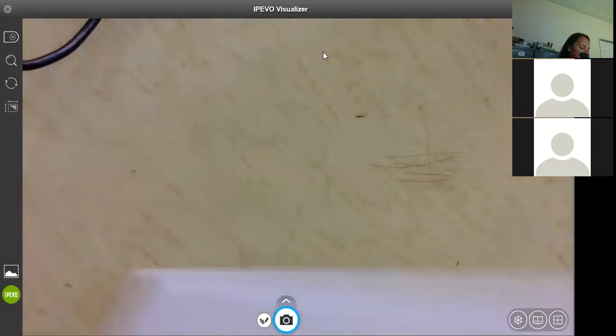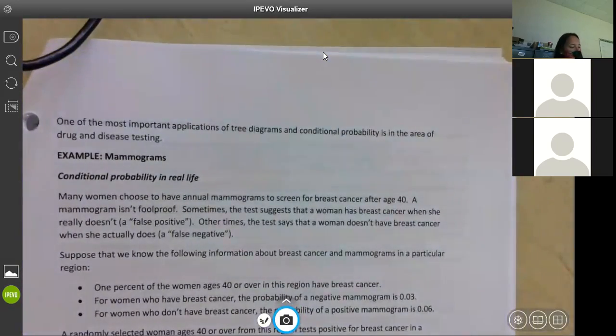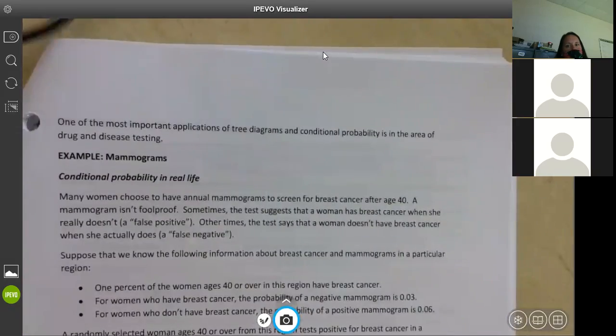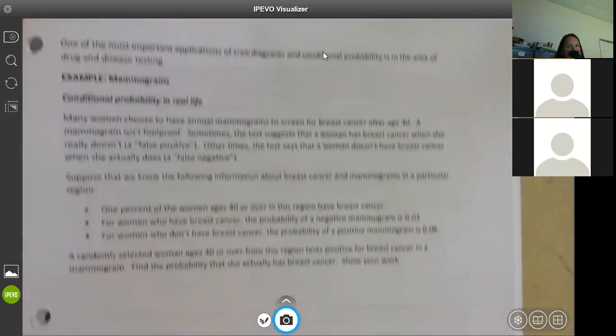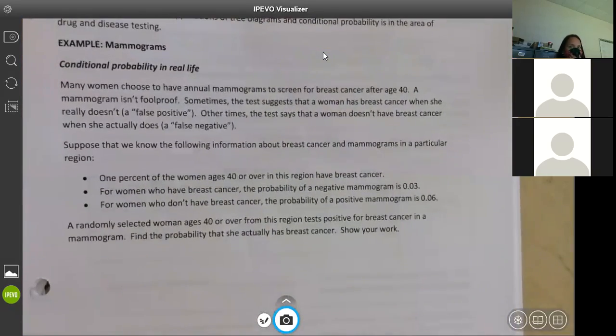All right. One of the most important applications of tree diagrams and conditional probability is in the area of drug and disease testing. So many women choose to have annual mammograms to screen for breast cancer after age 40. A mammogram isn't foolproof. Sometimes the test suggests that a woman has breast cancer when she really doesn't, which is a false positive. Other times the test says that a woman doesn't have breast cancer when she actually does, which is a false negative.